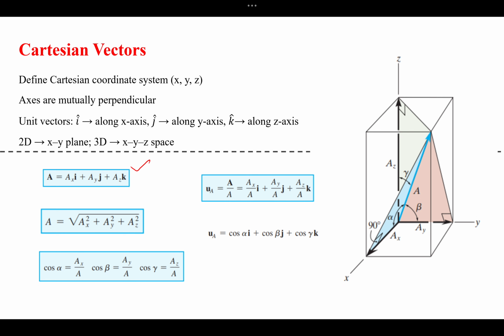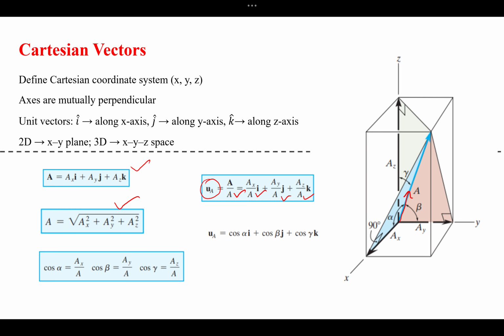If you divide it by the total magnitude of the vector, calculated here, you will get the unit vector of the vector A. A unit vector is a vector in the direction of A that has a magnitude of 1.